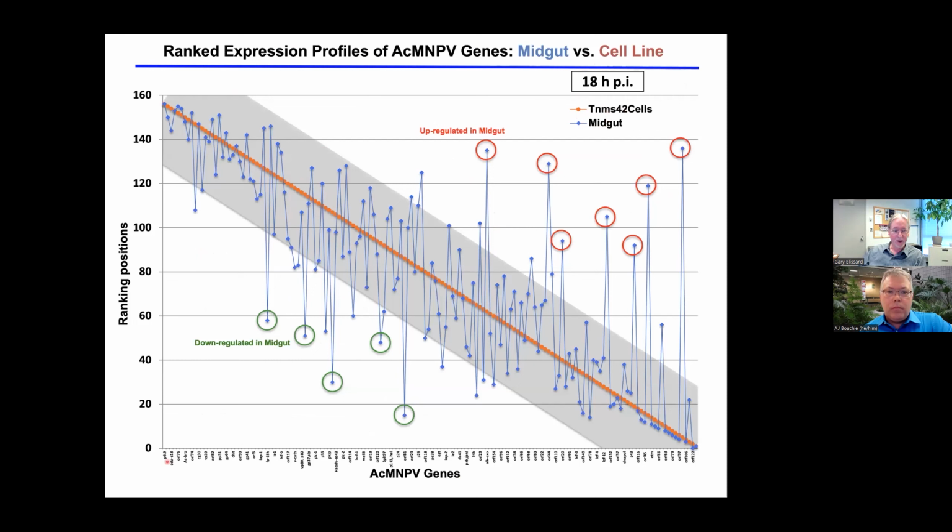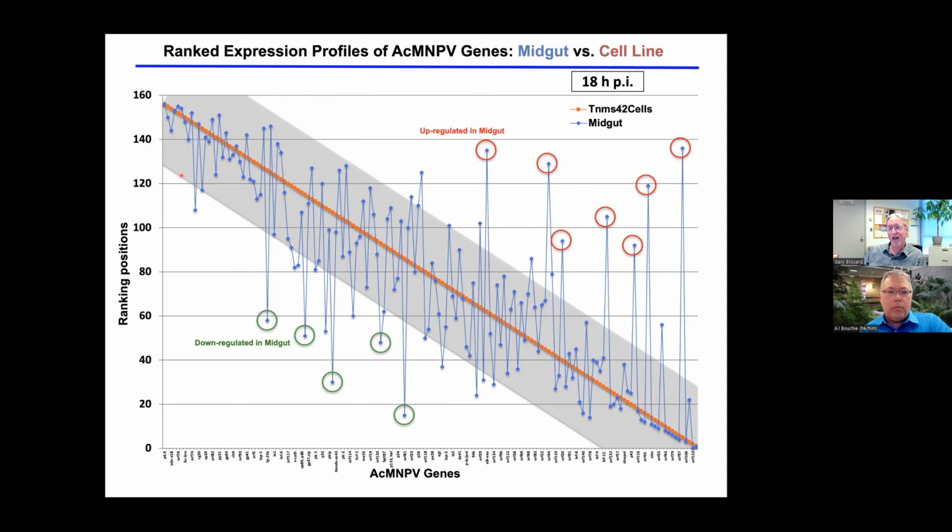On this graph, each label represents one of the 156 genes of the genome. The expression profile of that gene in the cell line is shown by an orange dot, from the highest expressed gene to the lowest expressed gene.